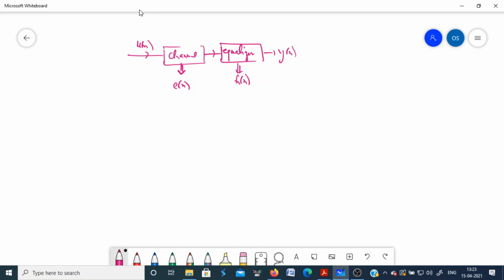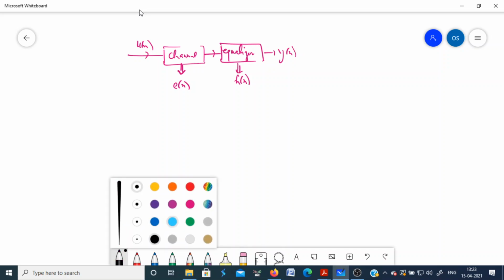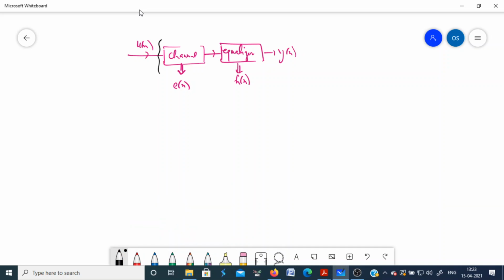Now since these two are in cascade, what will be the overall impulse response of the system? These two in a combined way can be assumed to be a single system.